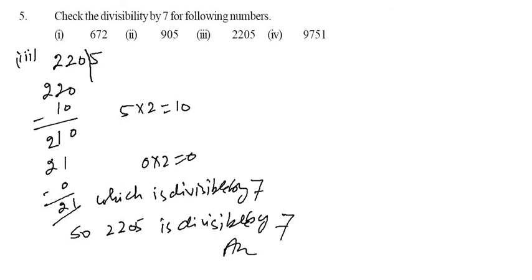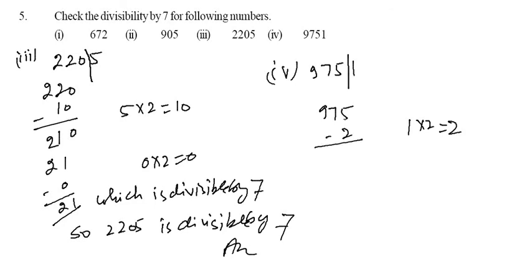Let us see the fourth part of this question. What is the fourth part? It is 9751. It is divided into two parts. The first part is 975 and double of 1, that is 2. Now subtract this 2, and we get 973. It is divided further into two parts: 97 and the double of 3, that is 6.